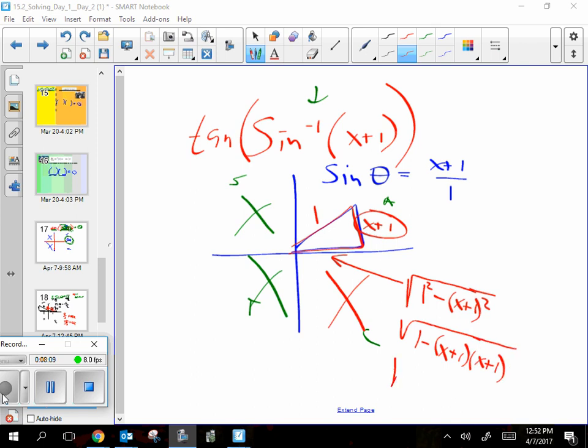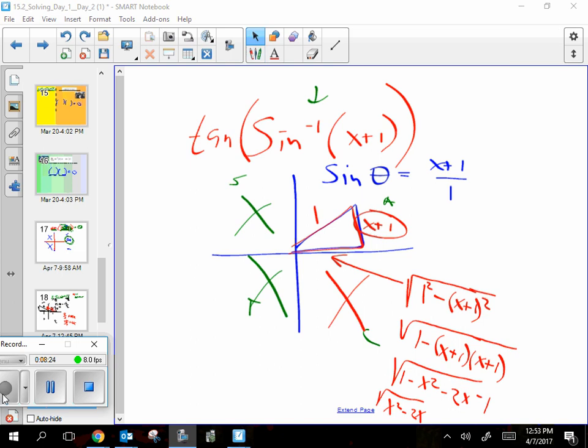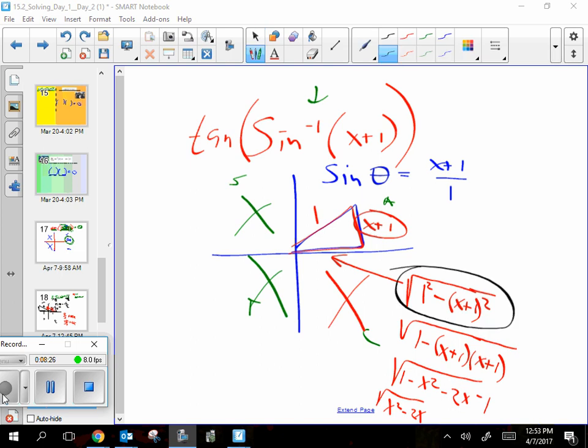And you could do all of this. You don't have to. If you want to do that, I could live with it. I would have left it like that personally. But this would also have been okay. Now, that is just a side of this triangle.